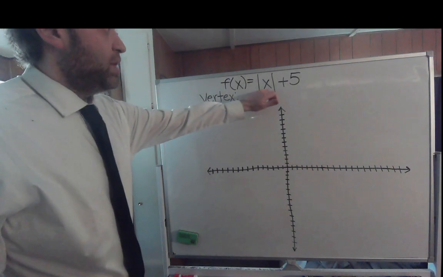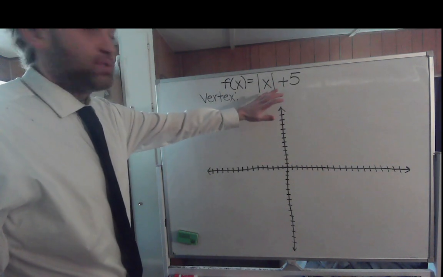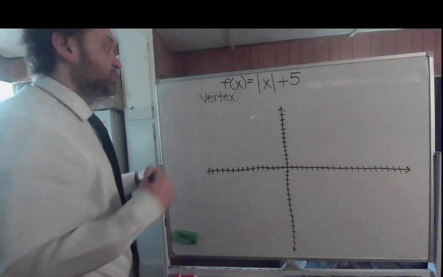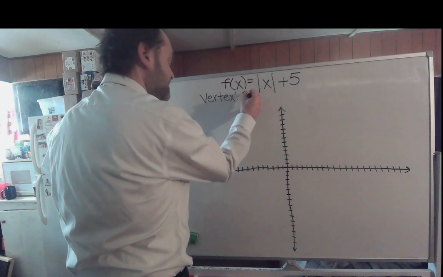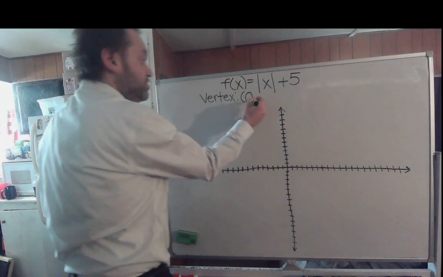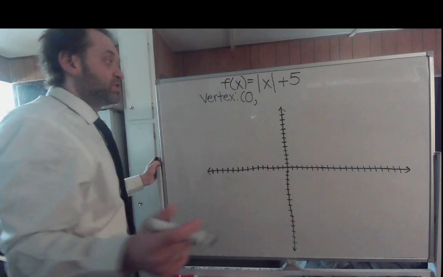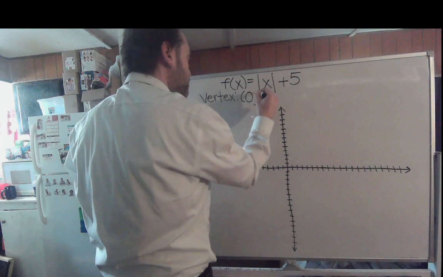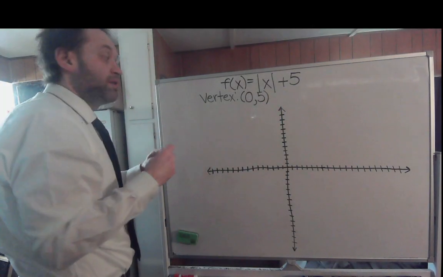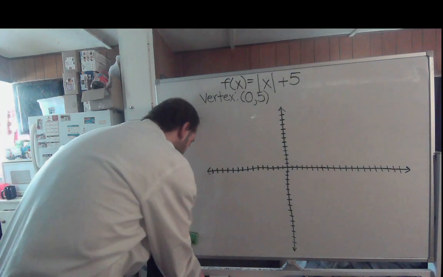You have no h factor. It's literally just the absolute value of x by itself, so your x coordinate of the vertex is at 0. But you do have a k number of positive 5, so that means your vertex would be at the point 0, 5. So we found the vertex to be at 0, 5.